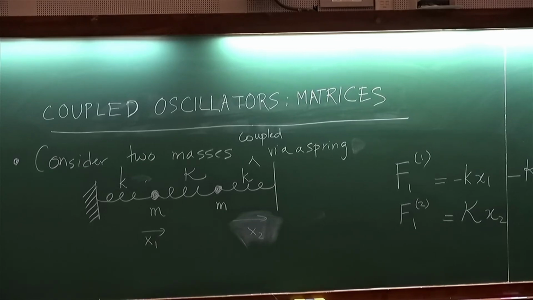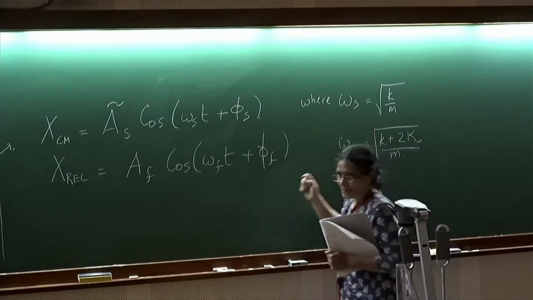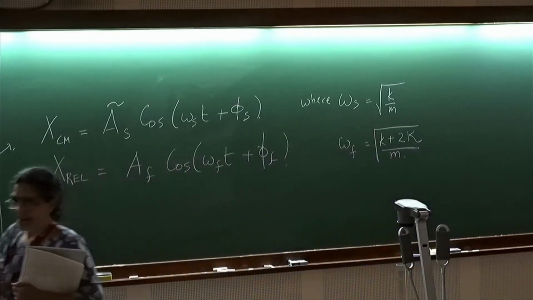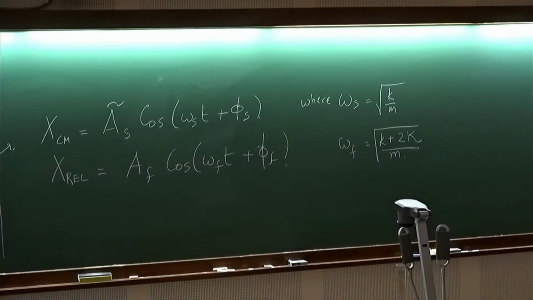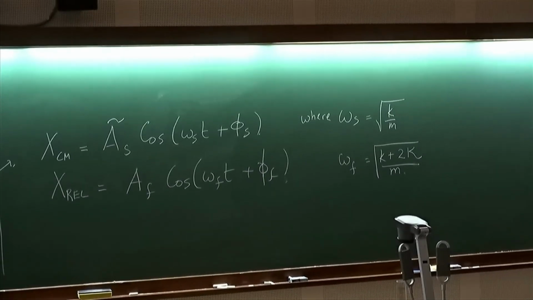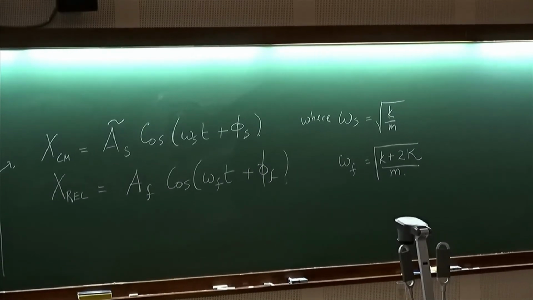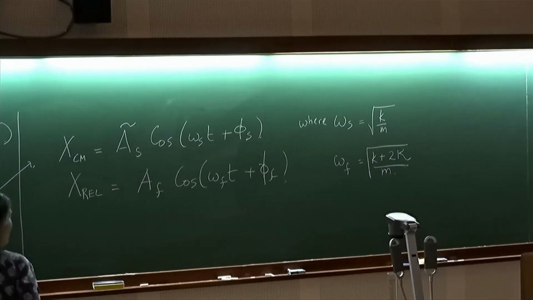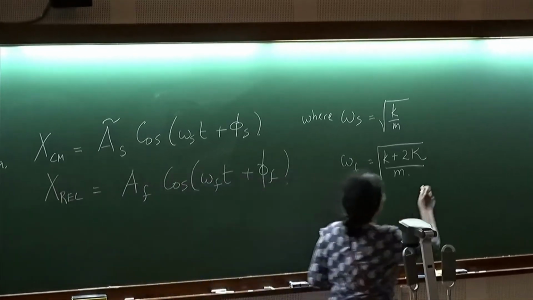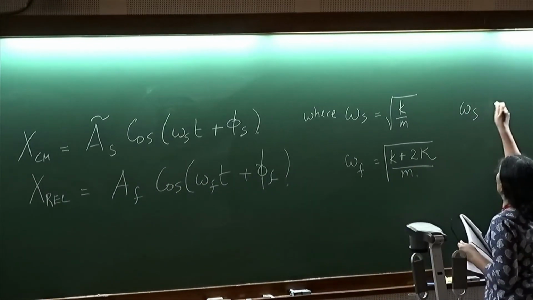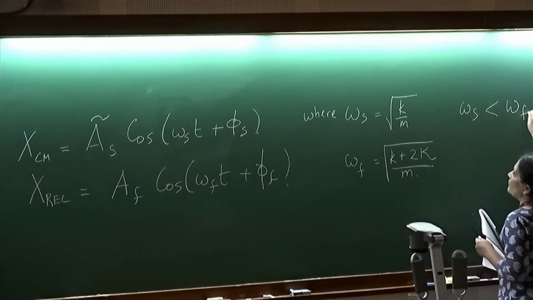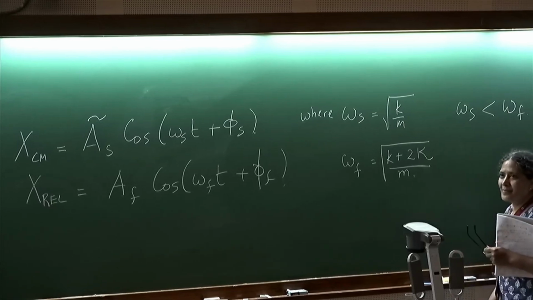So I've used two subscripts, s and f. Why have I used them? Slow and fast, because this frequency, omega s, is clearly less than omega f, right?